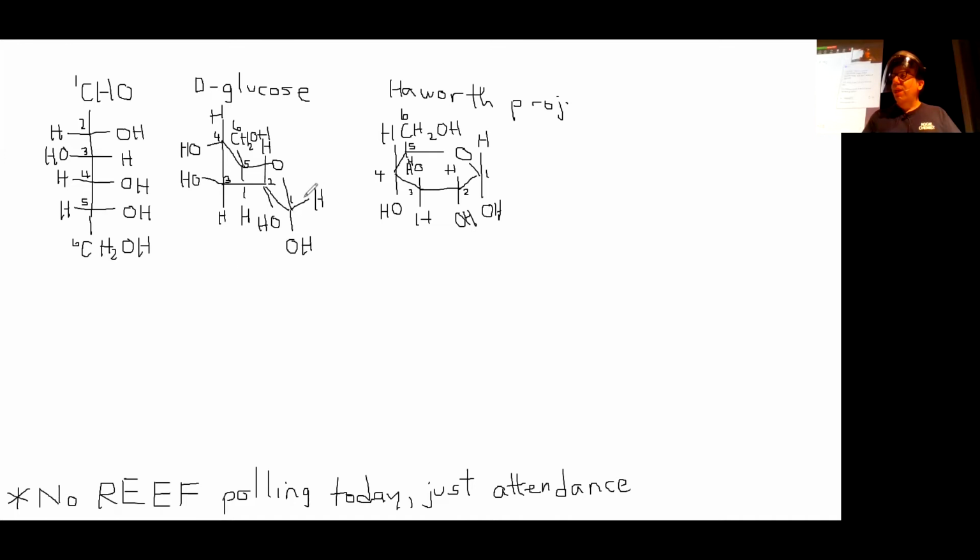I really don't care if you memorize the chair form, but one nice thing about the chair form that I ended class with last time is that when you're talking about glucose in particular, apart from carbon 1, the anomeric carbon or the formerly aldehyde carbon, that can be either axial or equatorial, either up or down, depending on whether you're beta or alpha form, respectively.